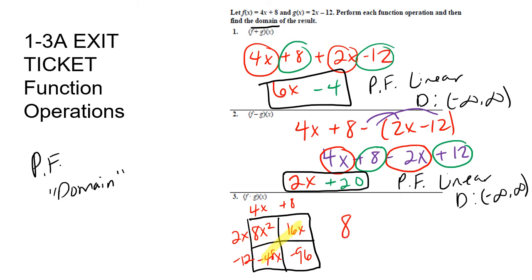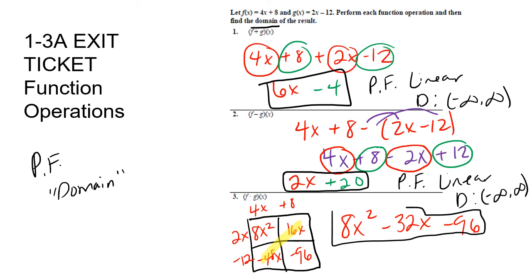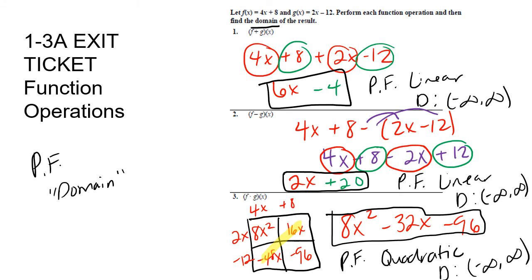So I end up with 8x squared, negative 48 plus 16 becomes negative 32x, and then minus 96. So I look here, and my parent function is a quadratic, and the domain of quadratics is from negative infinity to positive infinity.